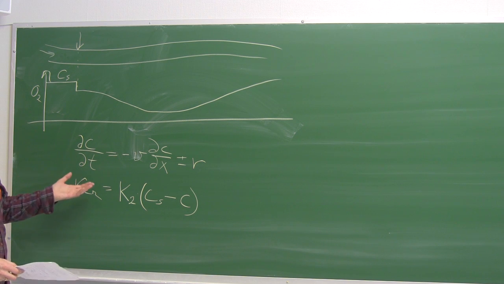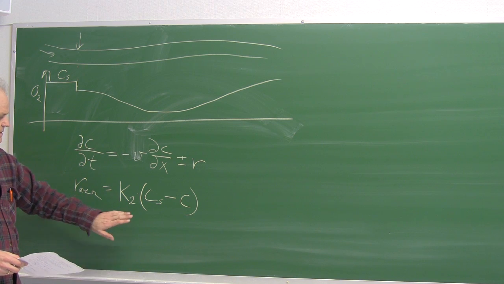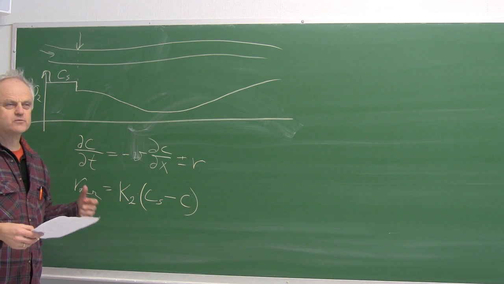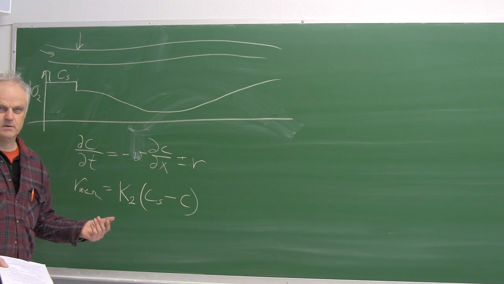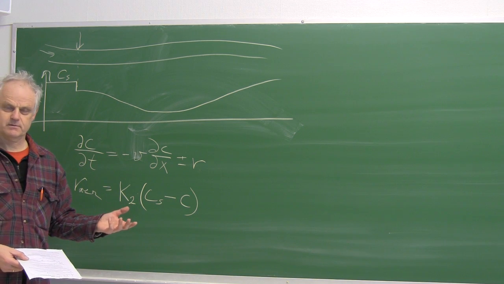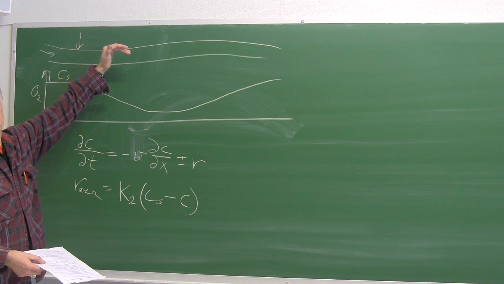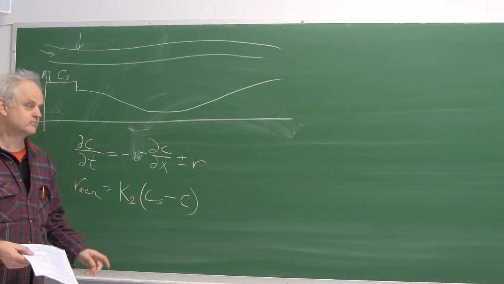Specifically in a river, we can look at what influences the coefficient. If you try to just imagine a river, what would influence how much oxygen comes from the atmosphere into the river? Temperature.